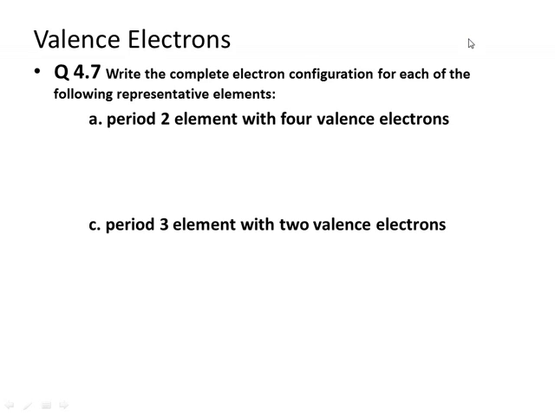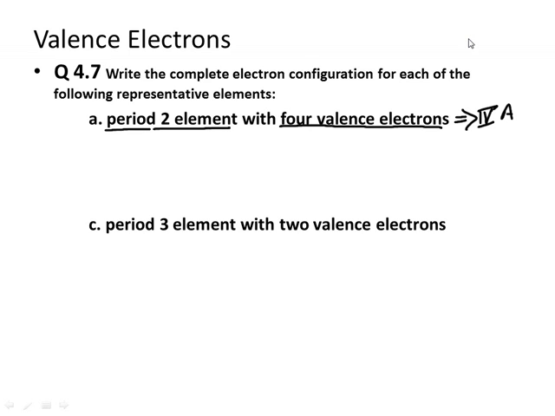First of all, the question tells us that the element belongs to period 2, and also it says that the element has 4 valence electrons. The fact that the element has 4 valence electrons implies that the element belongs to group 4A. Once again, Roman numeral 4A.